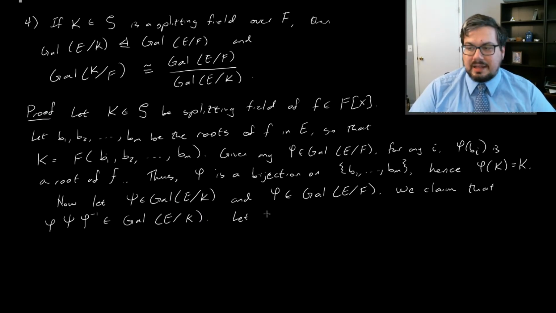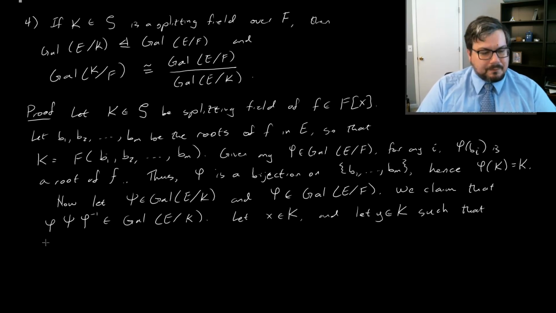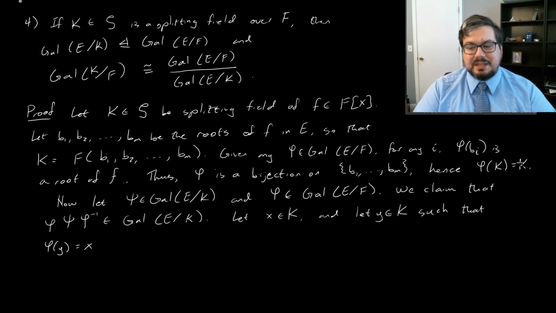So let's let X be an element of K, and let's let Y be an element of K such that phi of Y equals X. We know this is possible because we know that phi of K is equal to K.